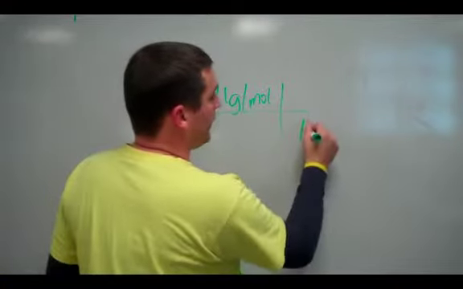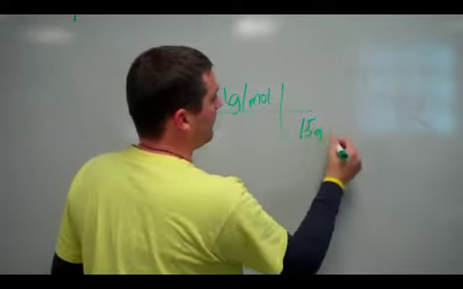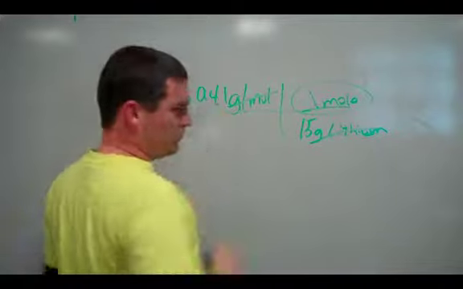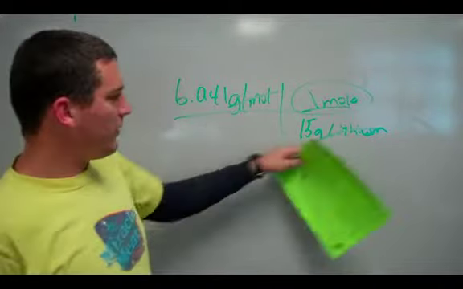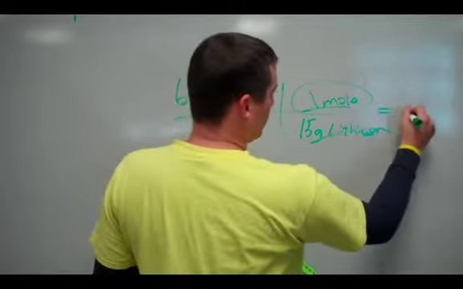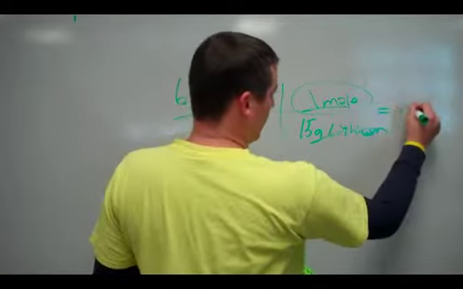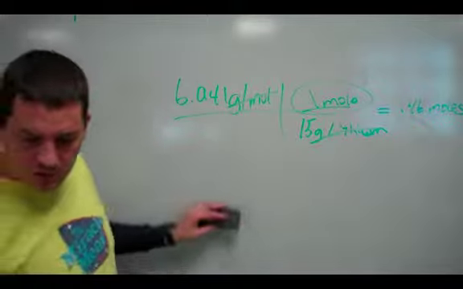We're going to put 15 grams of lithium on the bottom. Lithium is equal to 1 mole. So we're going to cancel out our grams. We have moles left over. You do 15 divided by 6.941. That's going to give you 0.46 moles.